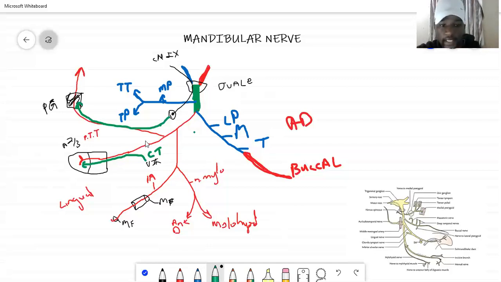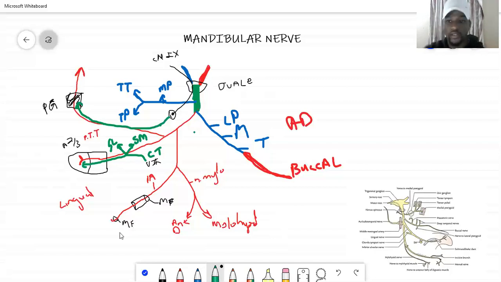It's easy, guys. And then your chorda tympani will also branch to supply two glands, your sublingual gland, right, SL, and your submandibular gland. So it goes to the anterior 2/3 and it also innervates the sublingual and the submandibular, right?